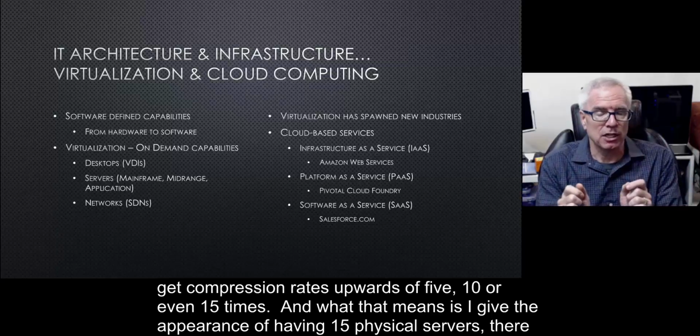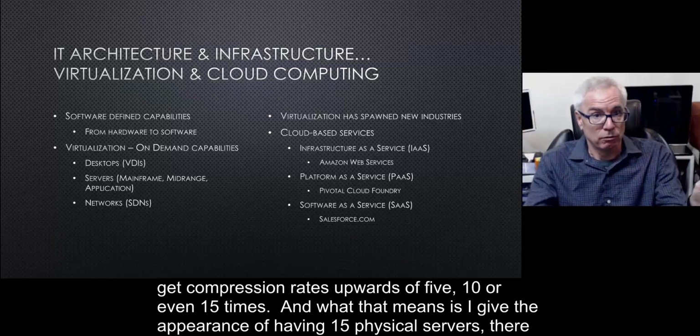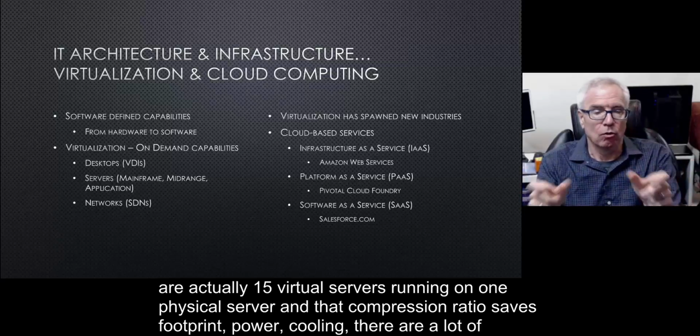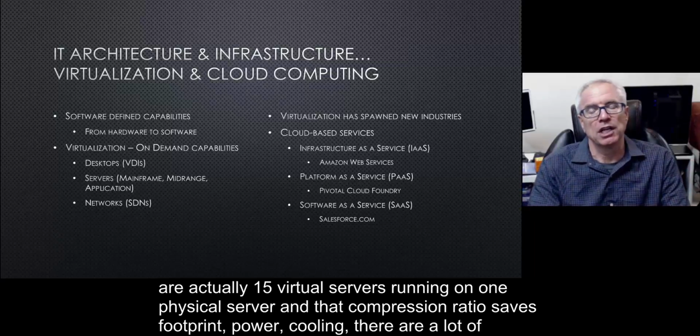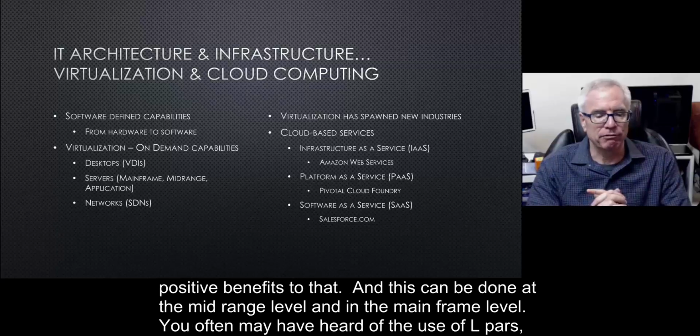What that means is I give the appearance of having 15 physical servers, but they're actually 15 virtual servers running on one physical server, and that compression ratio saves footprint, power, cooling. There are a lot of positive benefits to that.